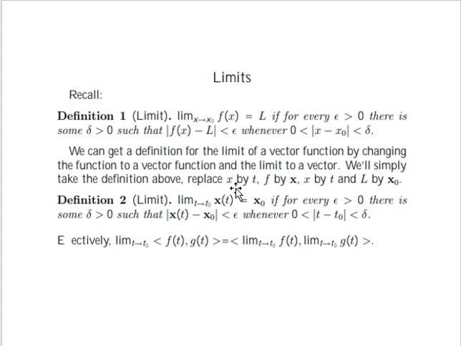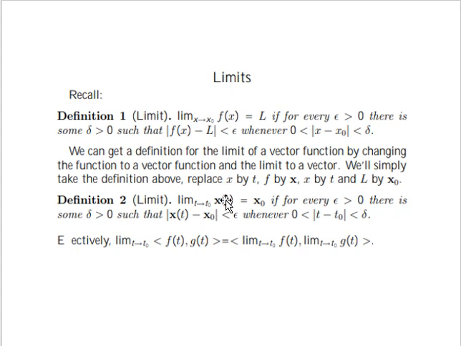So in a similar manner, when we are going to define the limit of a vector function, simply this function f(x) can be replaced by x(t), that is a vector function. That is, f(x) is just, say, f(x) equal to x square, but if it is a vector function, then we can write x into i plus y into j plus z into k, that is x(t) into i plus y(t) into j plus z(t) into k.